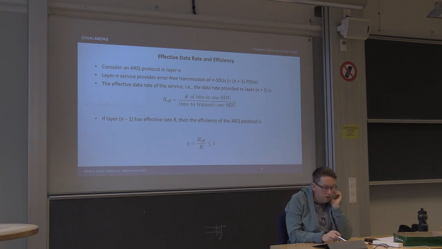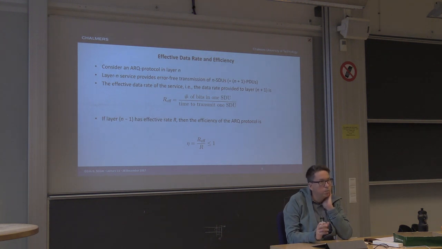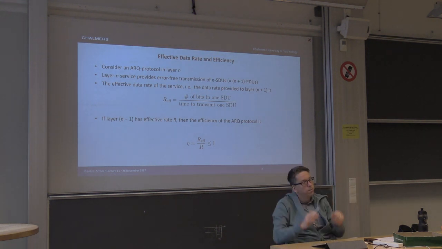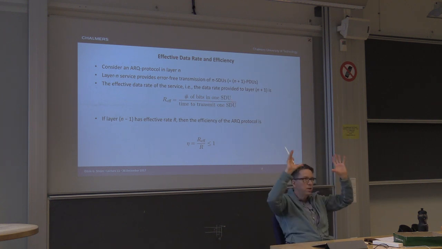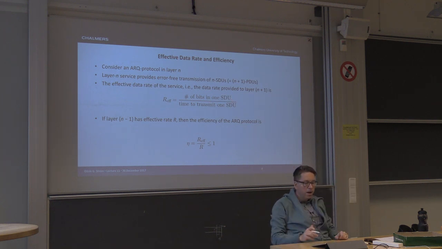Okay, so the effective data rate of the service, and this is the data rate which is perceived by the layer above, is the number of bits that are in one service data unit, the number of bits that I get from above, divided by the time it takes to transmit that service data unit.